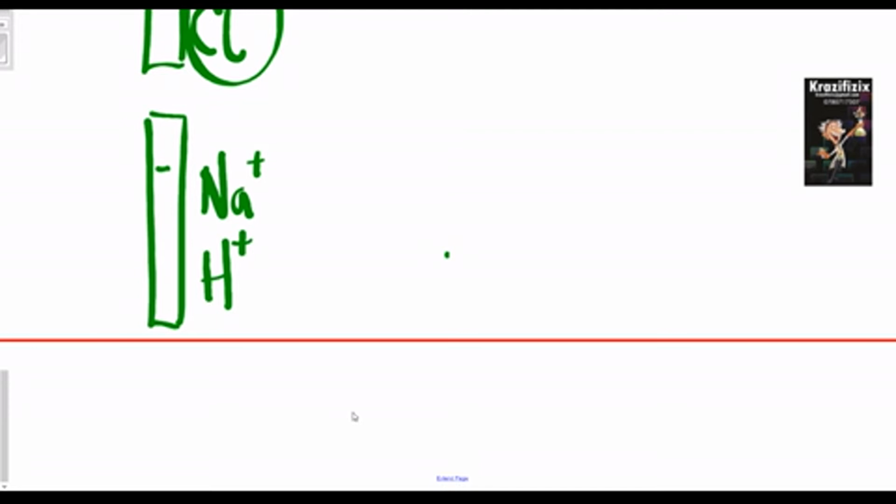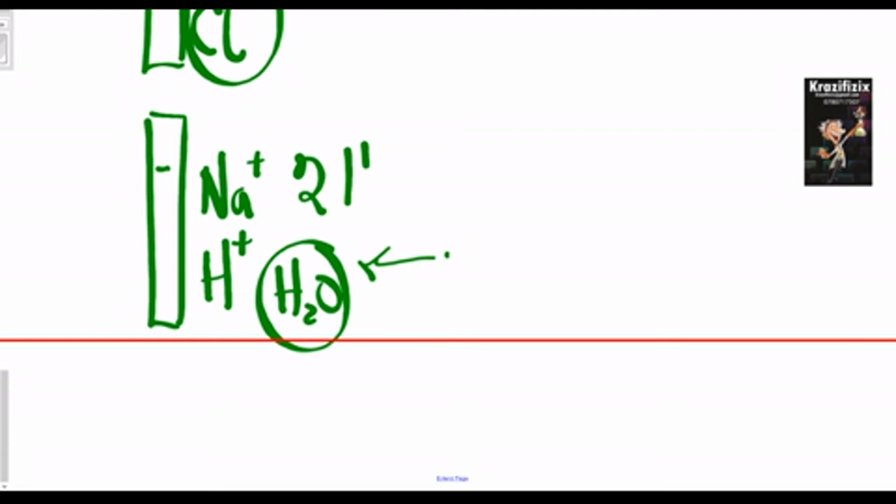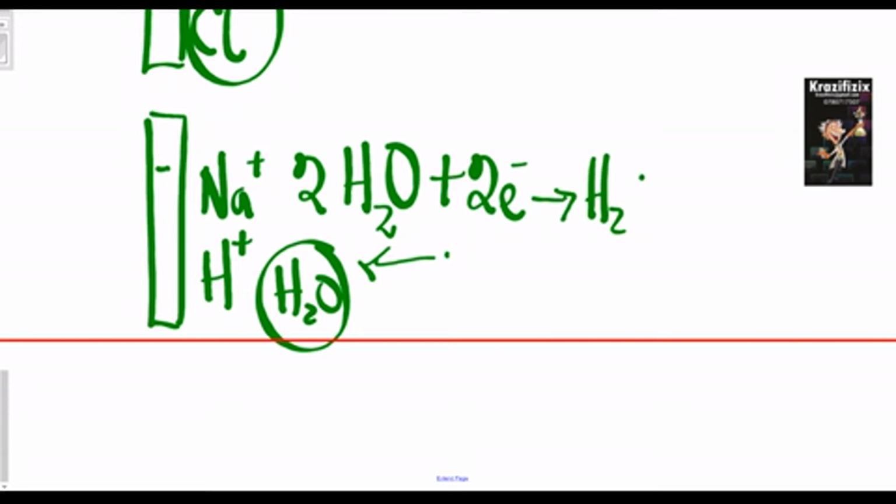But remember that the whole thing that comes in here is water. So water is going to be reduced here, and when water is reduced, if you check the table, this is what we're going to have: 2H2O, water would be reduced because that's what's first coming in, and then we have H2, hydrogen gas again, plus 2OH⁻.